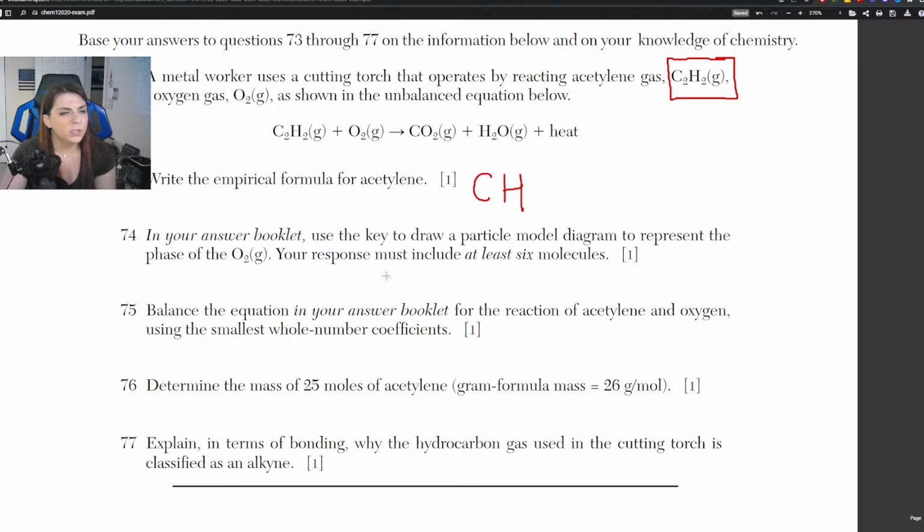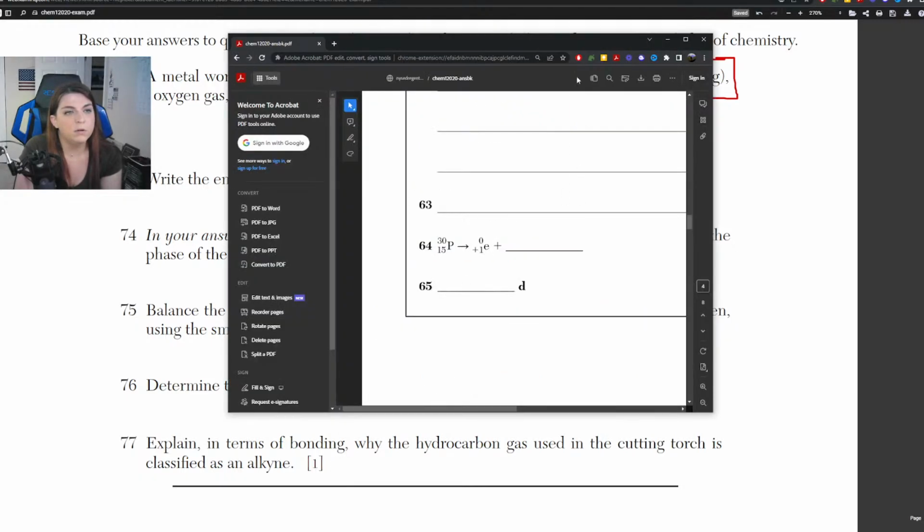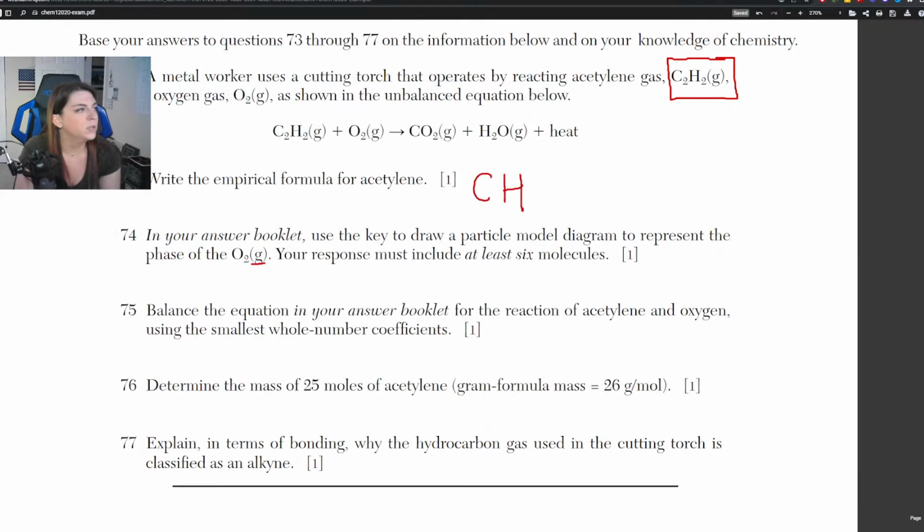In your answer booklet, use the key to draw a particle model diagram to represent the phase of oxygen gas. Well, it's telling you it's a gas, so this is kind of a silly question, honestly. It's not a silly question for you, because this is a state exam.